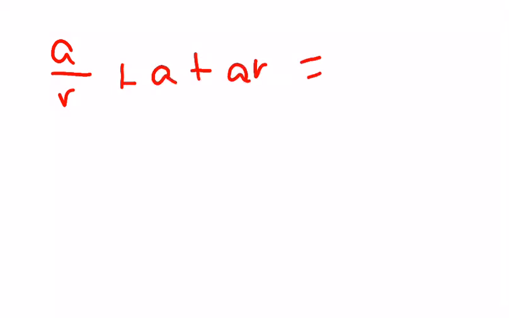So we know that A over R plus A plus AR has to equal -7/10. And so first we want to write these so that we have them as one fraction. So that means that I want this to have something over R for each one.